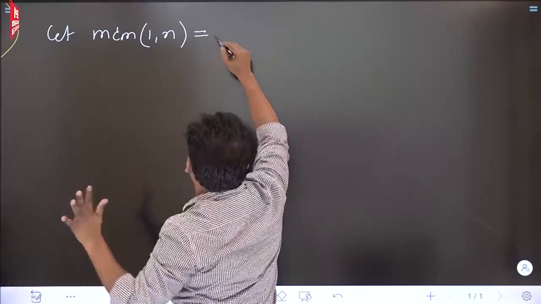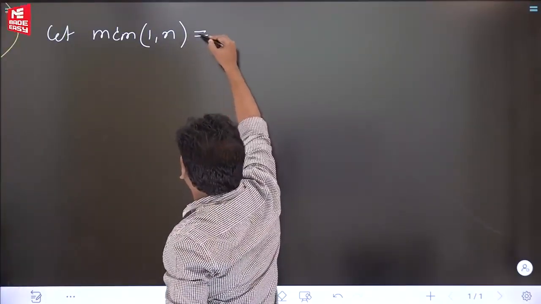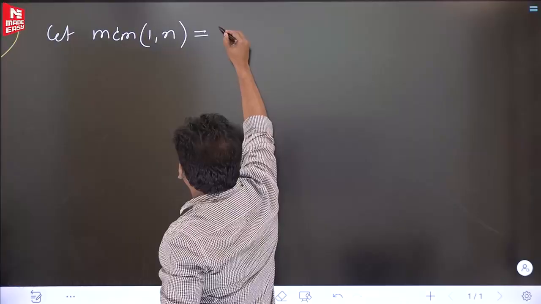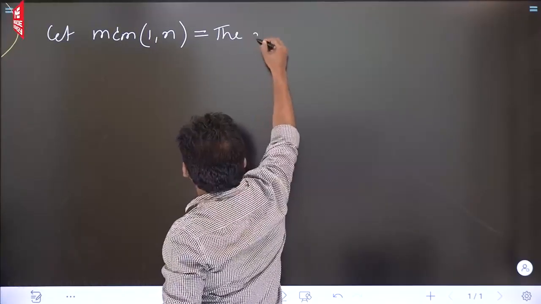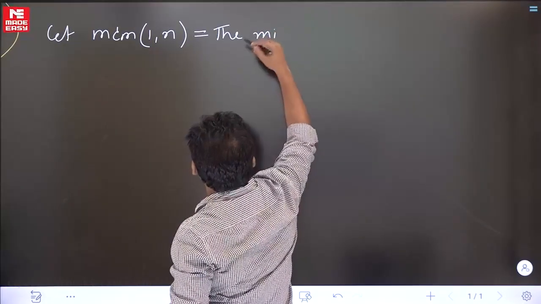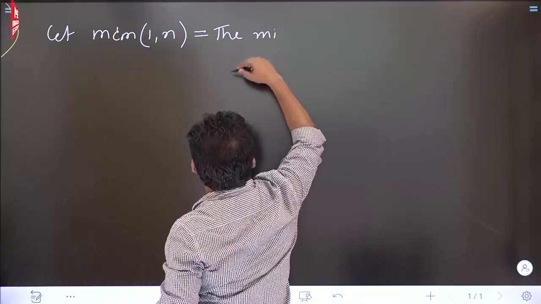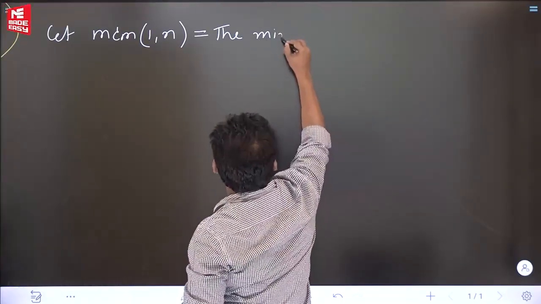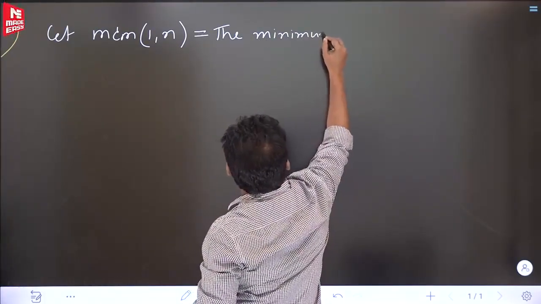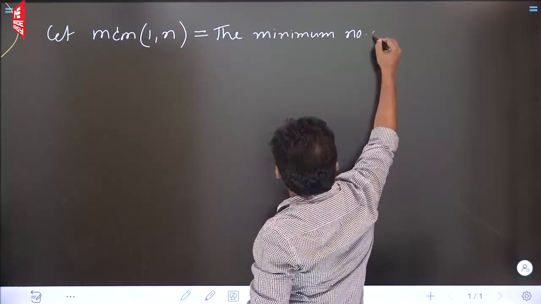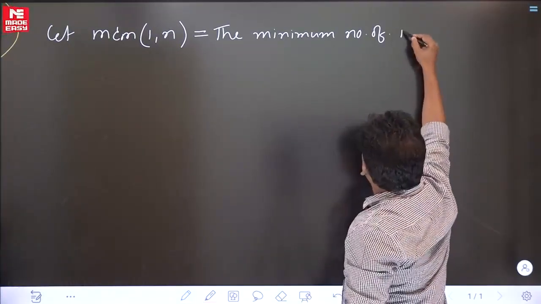Whatever you understood, that only I am writing. MCM of 1 comma n is equal to the minimum number of multiplications. You know very well that in matrix chain multiplication we are finding the minimum number of multiplications.